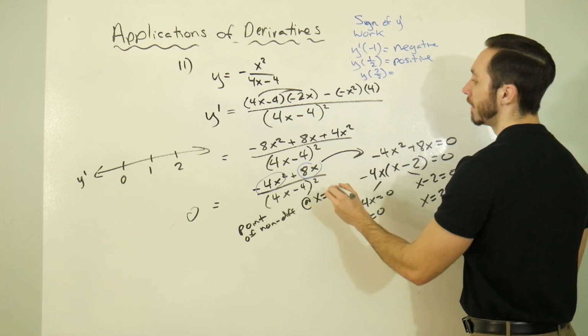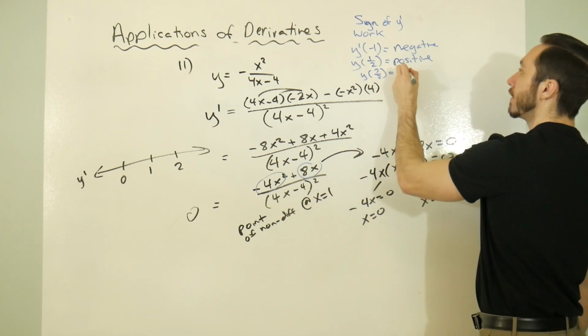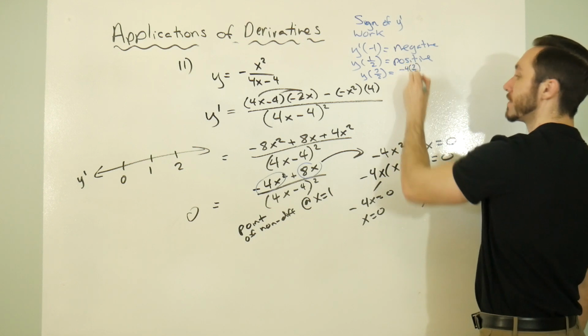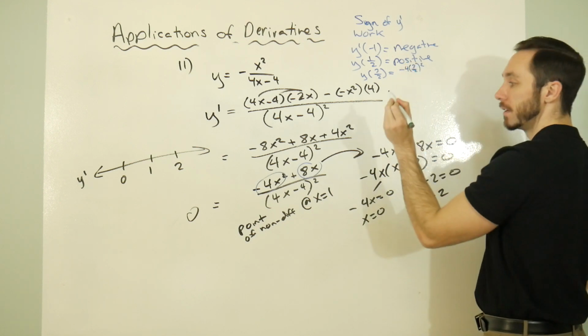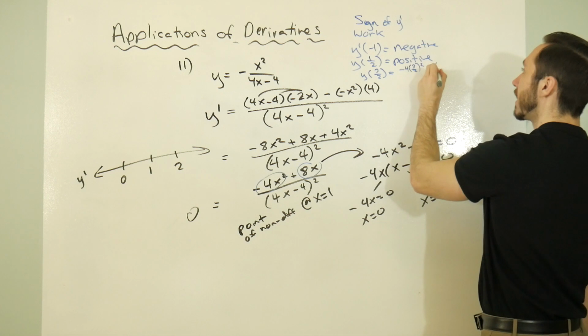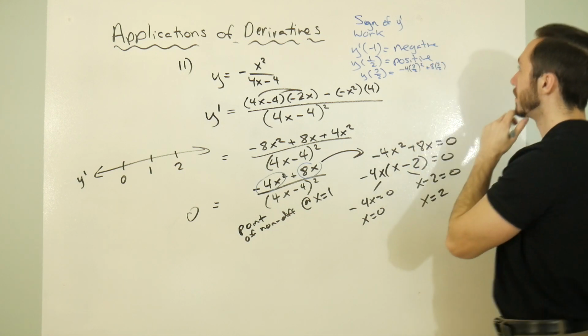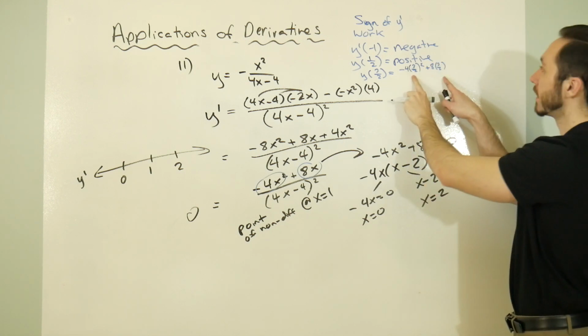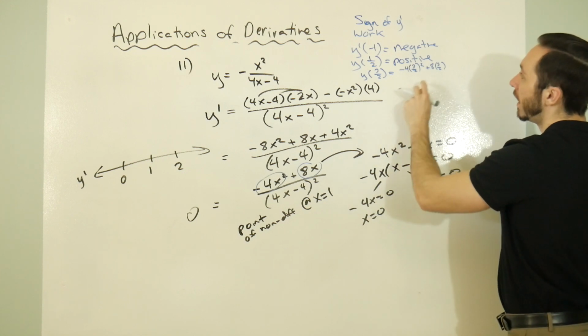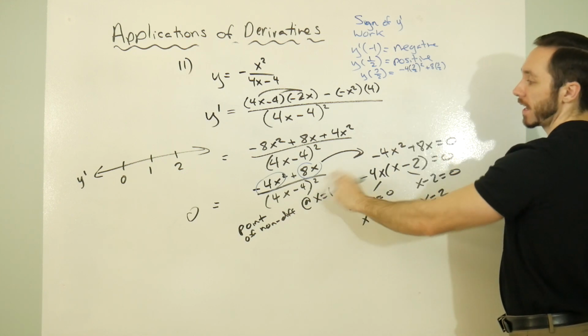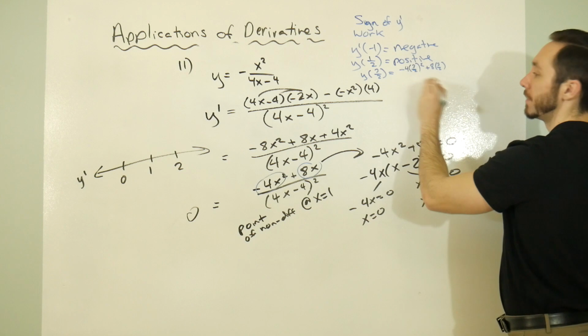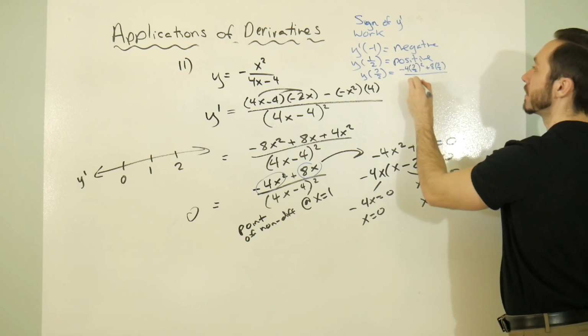So for the numerator, it'll be -4 times 3/2 squared plus 8 times 3/2. So what's going to win? Which one's going to be bigger? That's going to tell us what sign we are. And then the denominator is going to be positive, so I'm not too concerned about that, so it'll be over positive.